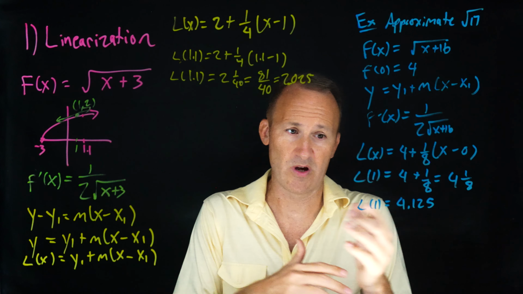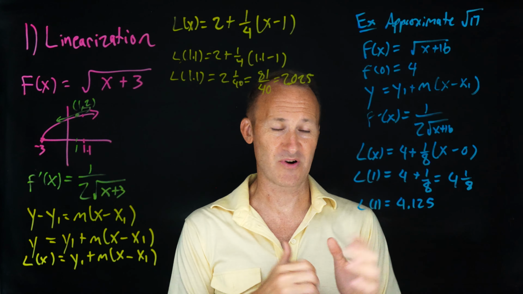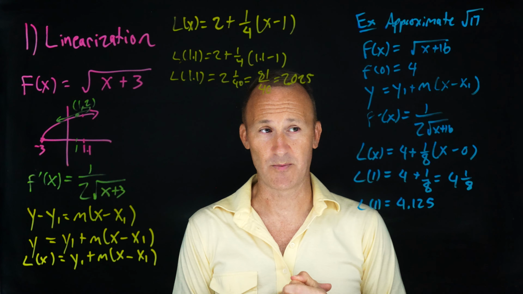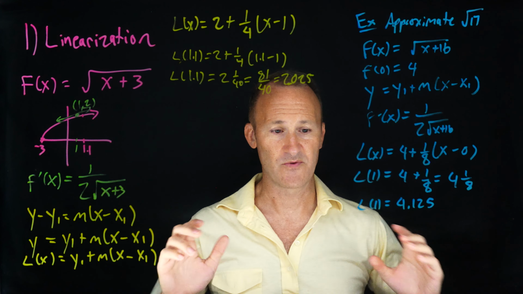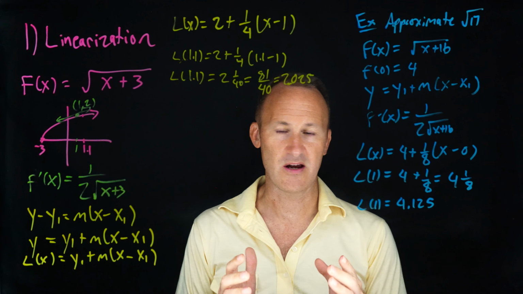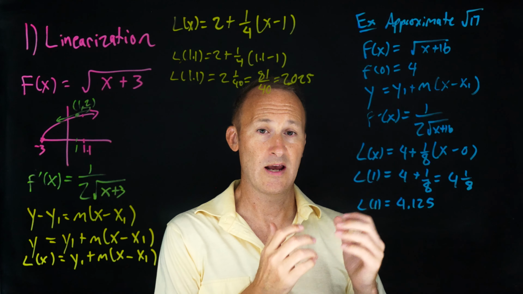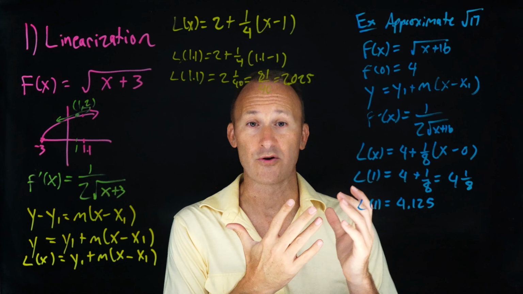So this is one whole unit away versus 1/10 away, but you can see there are still really good approximations, especially to a couple of decimal places. So this is how linearization works. It is simply estimating points on a curve by using the tangent line and picking convenient points that are close to them.